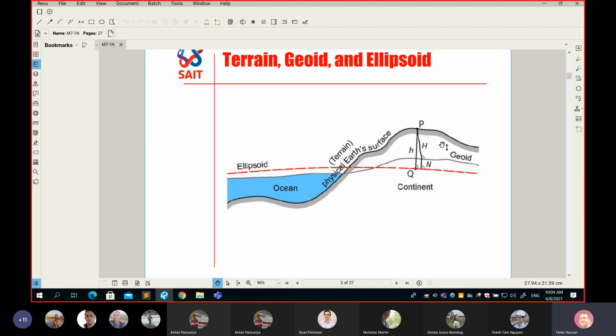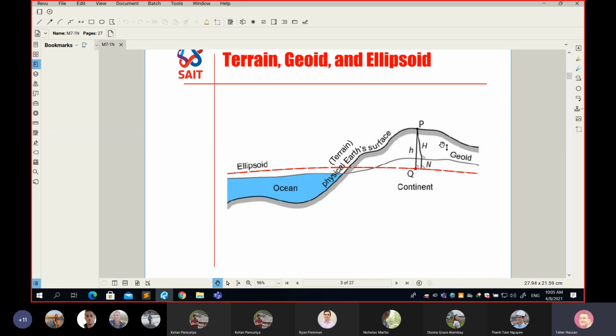Maybe the geoid is less undulated, but it's still undulated enough not to have a simple equation for it. So scientists said, if we don't have any simple mathematical equation that describes the terrain or the geoid, why don't we come up with our own?